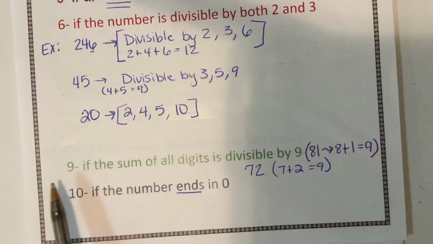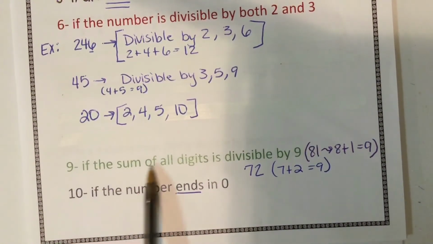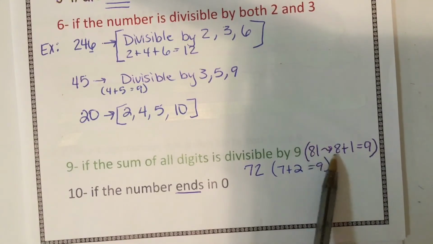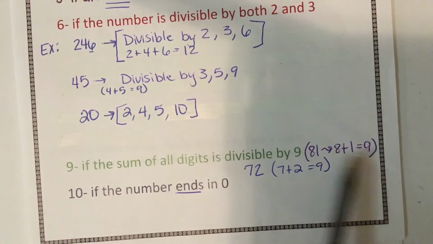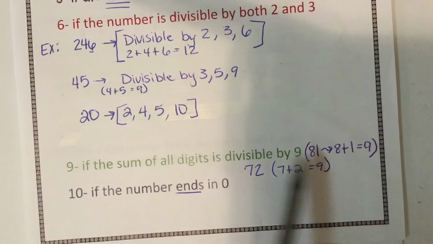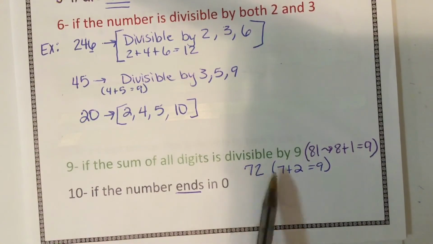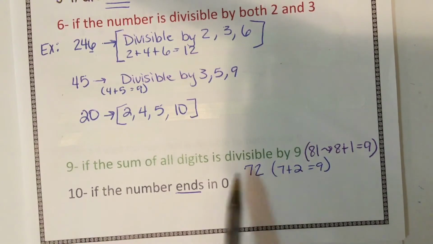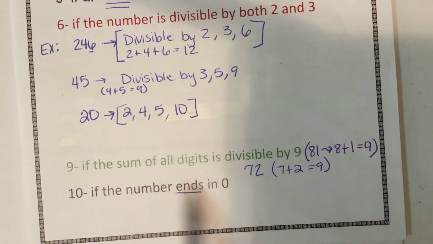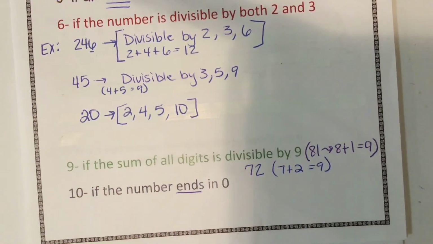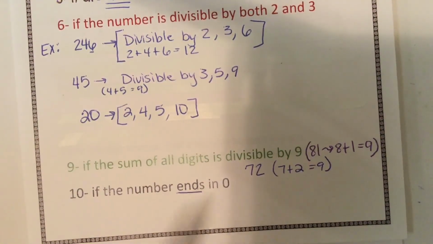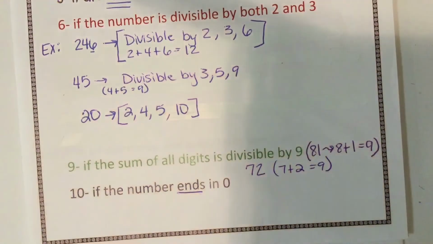Okay, the last one is 9: if the sum of all digits is divisible by 9. So 81 is 8 plus 1 equals 9. 9 goes into 9 evenly, so 81 is divisible by 9. 72: 7 plus 2 equals 9, so 9 goes into 9 evenly, so 72 is also divisible by 9. And then finally 10: if the number ends in a 0, it's going to be divisible by 10.